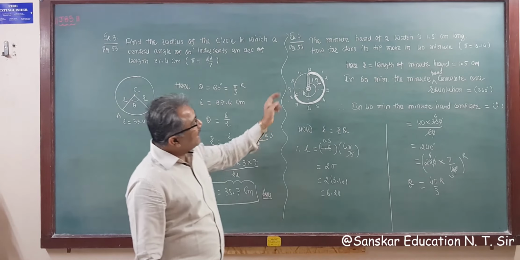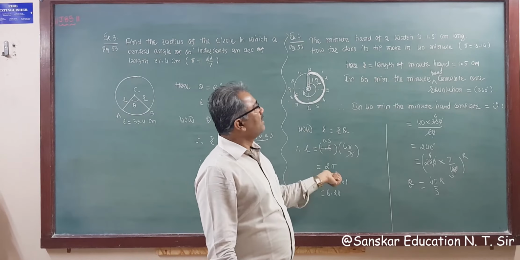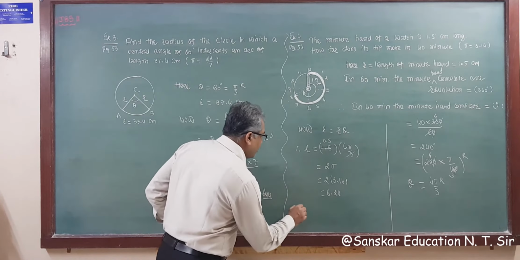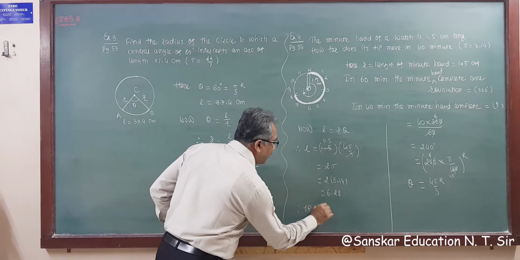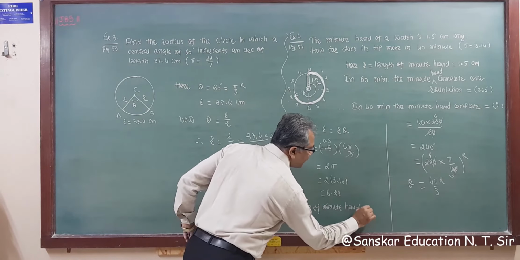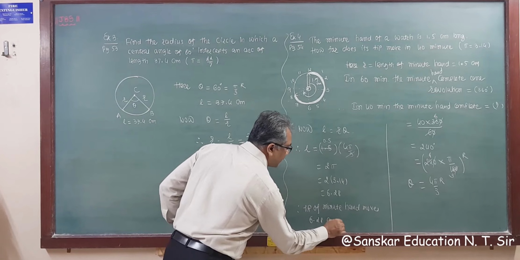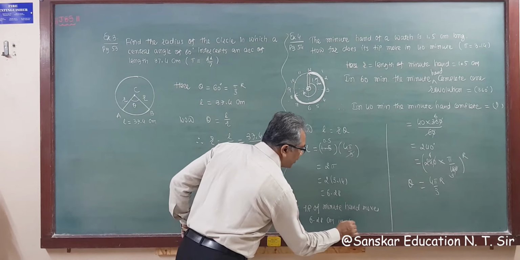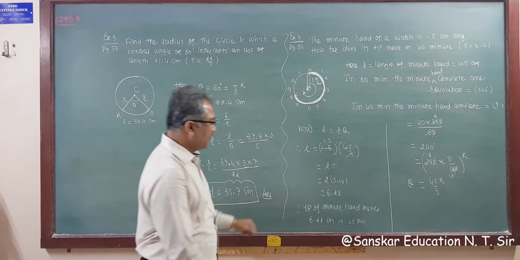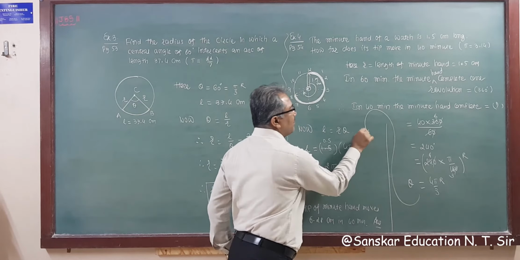So the tip of the minute hand moves 6.28 centimeter in 40 minutes. Got it? So this is your answer, right? So you have to come to here, from here to here.